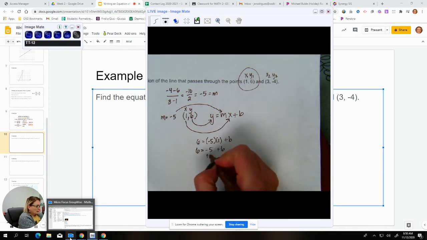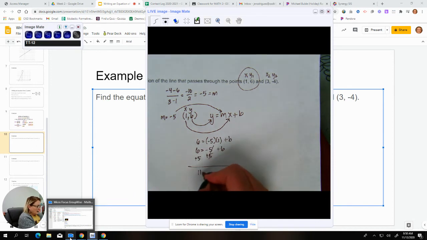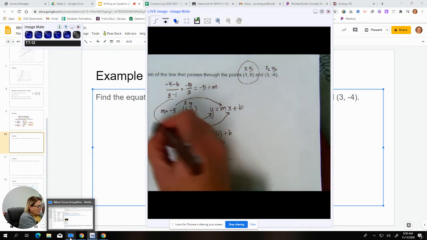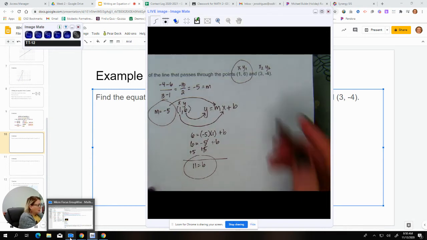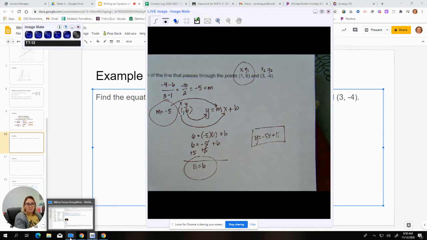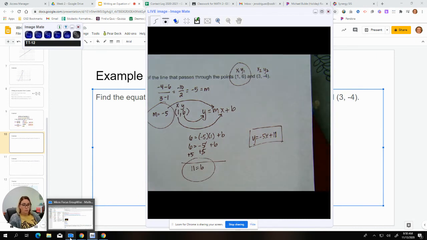To solve for b, I would add 5 to the other side, and I get b is equal to 11. Now I have an m and a b, and I can rewrite my equation as y equals negative 5x plus 11. That is my final answer for slope-intercept form.